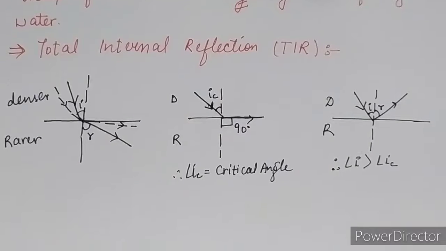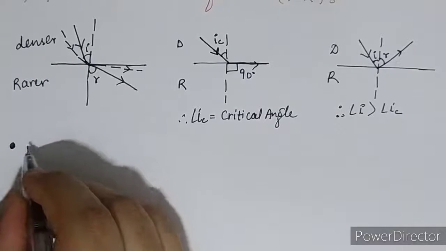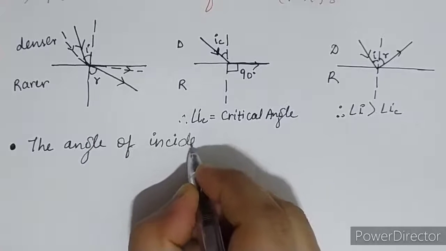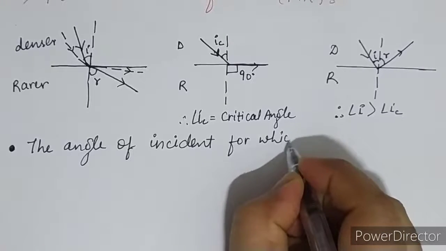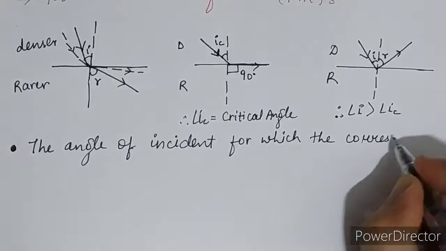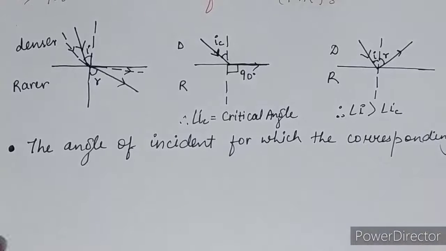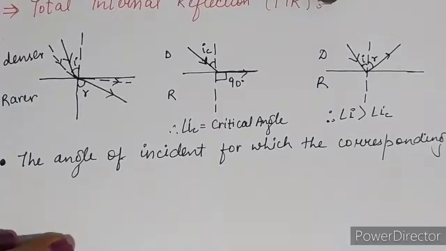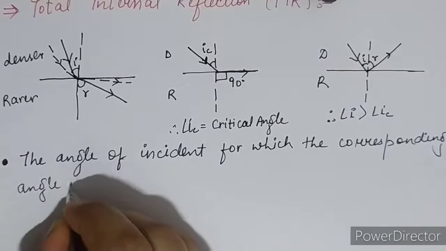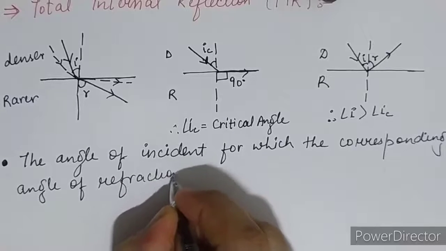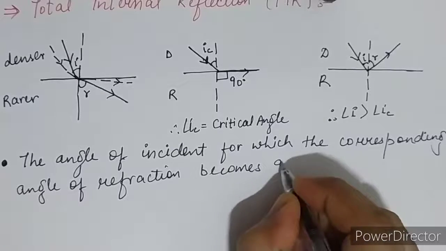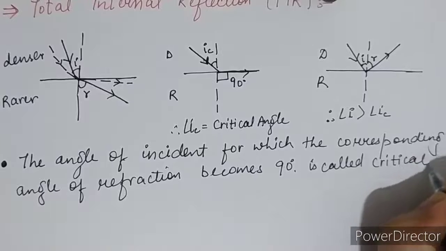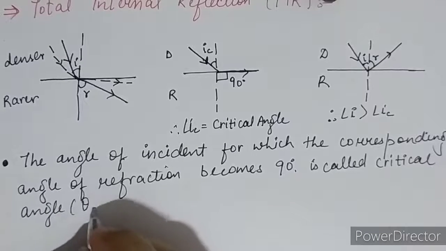So I am writing the definitions. First definition: the angle of incidence for which the corresponding angle of refraction becomes 90 degrees is called the critical angle, and this critical angle is denoted by theta c.